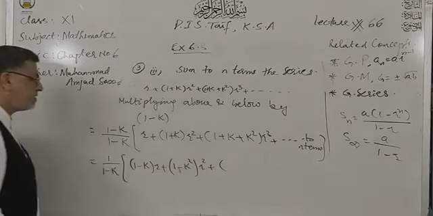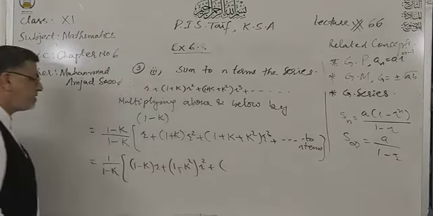Dear students, 1 minus k into 1 plus k is 1 minus k squared. This is the formula: (a minus b)(a plus b) is a squared minus b squared. Similarly, (1 minus k)(1 plus k squared) will be 1 minus k cubed into r cubed plus so on to n terms.